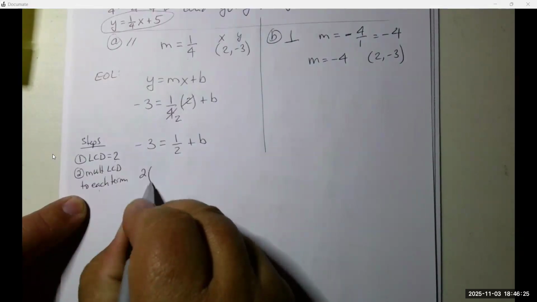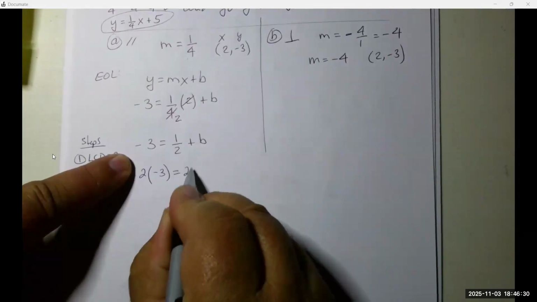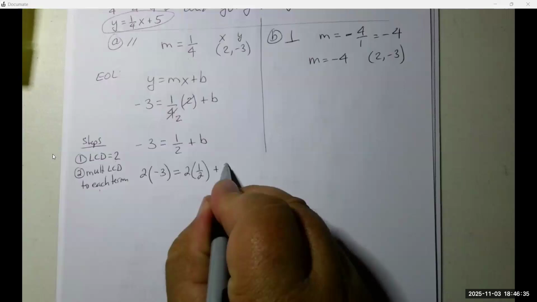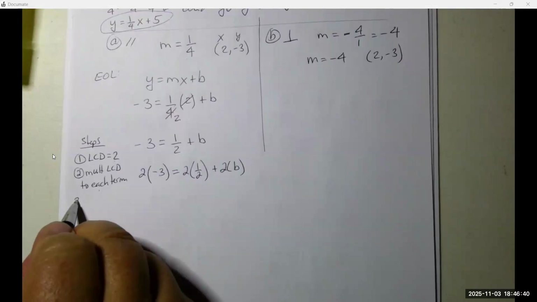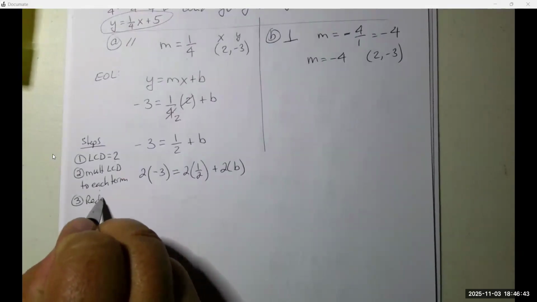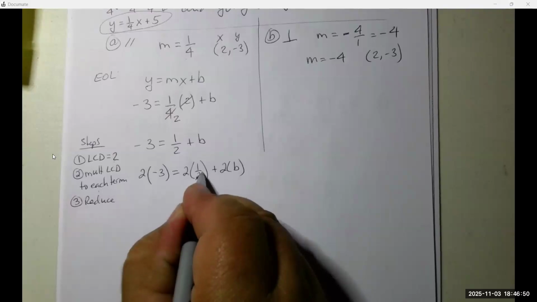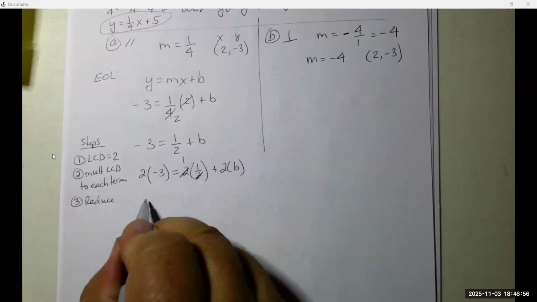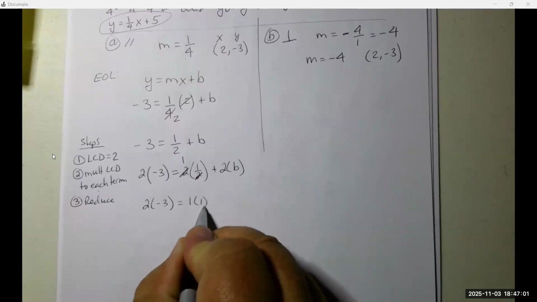So it's 2 times the first one, which is -3, equals 2 times the second term, which is 1/2, plus 2 times b. Reduce. In other words, cancel everything you can top and bottom. The only bottom we have is here. The 2 cancels with the 2, goes in there once. So we have 2 times -3 equals 1 times 1.